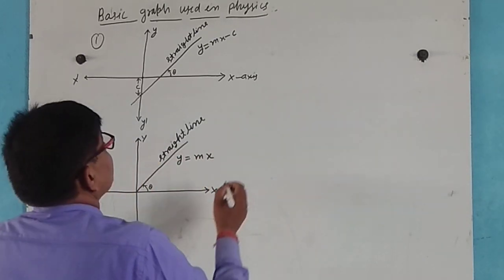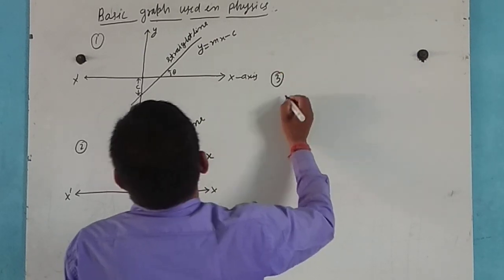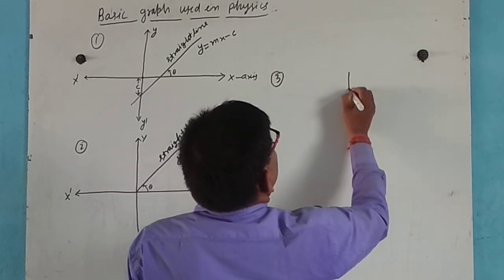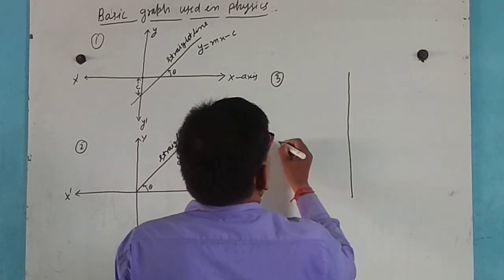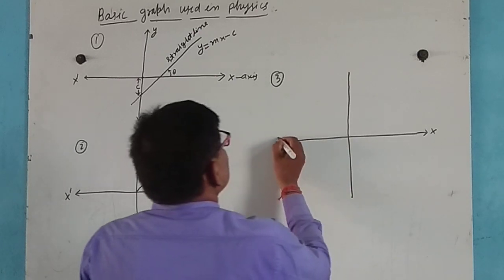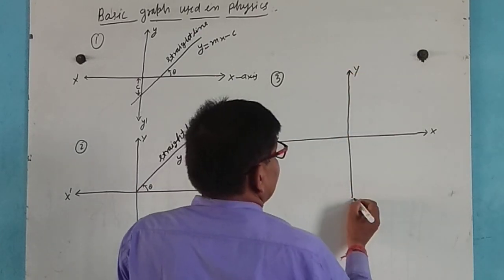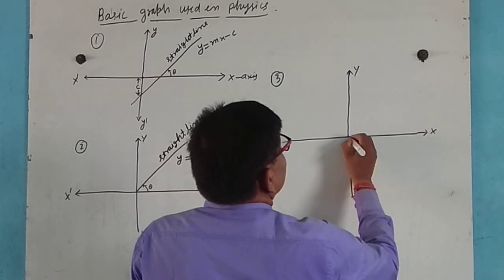Now the third graph. This is y dash, this is x dash, y dash.